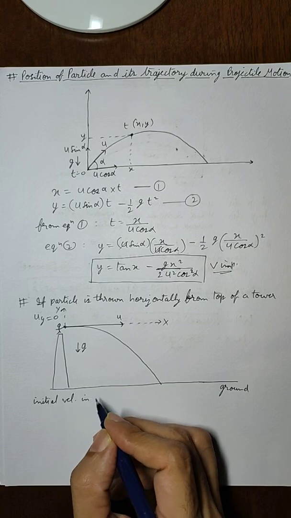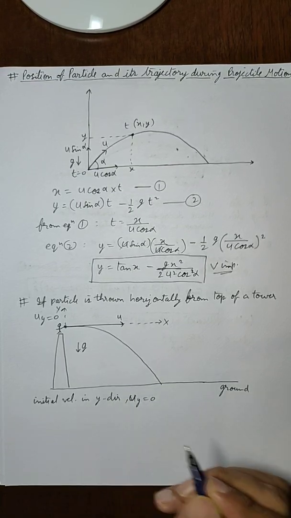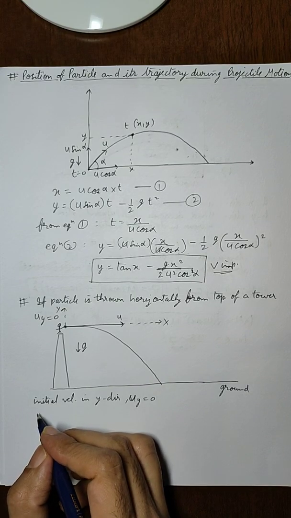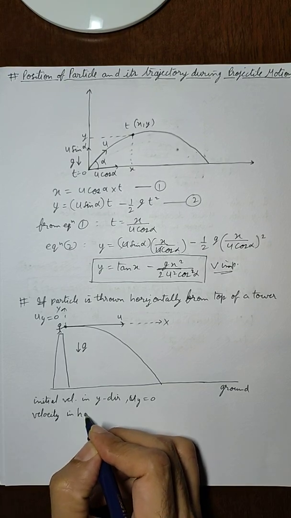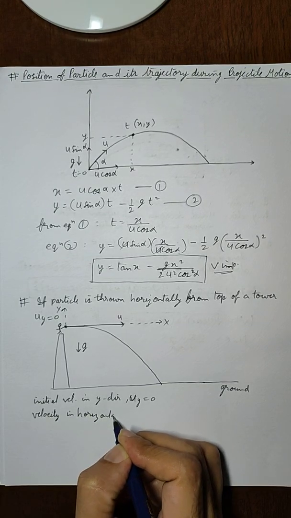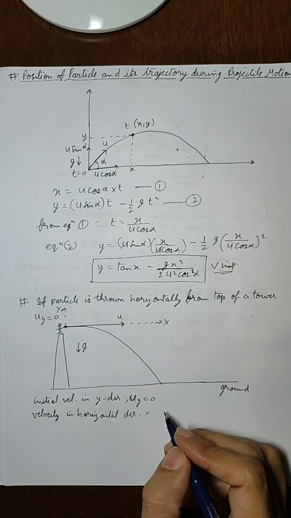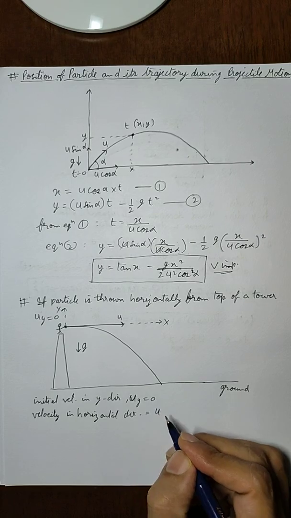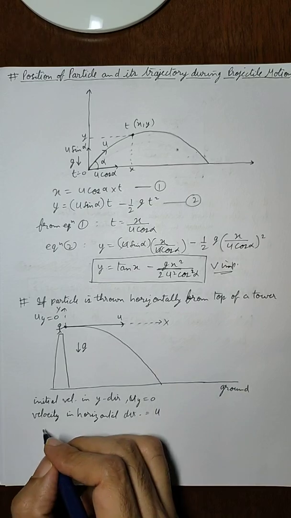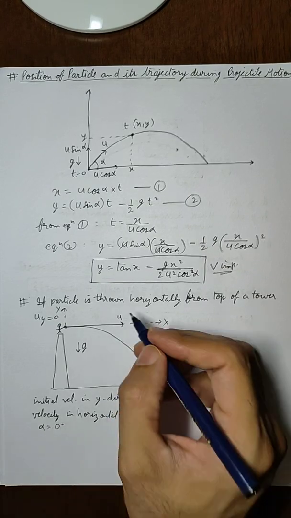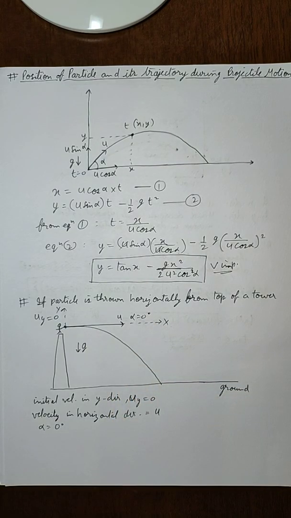Initial velocity in y direction, that is uy, is 0. Velocity in horizontal direction will remain constant throughout the journey, so it will be equal to u, and alpha, which is the angle of projection, is equal to 0 degree, so we can write this.